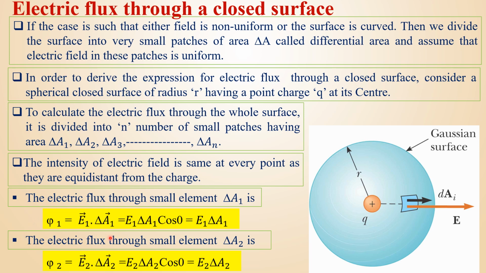The electric flux through a small element delta A2, phi 2, is equal to E2 delta A2. Again, the angle between E and delta A2 is 0 degrees, so we get E2 delta A2 cos 0. By putting cos 0 equal to 1, we get phi 2 equals E2 delta A2, which is the flux through surface element delta A2.